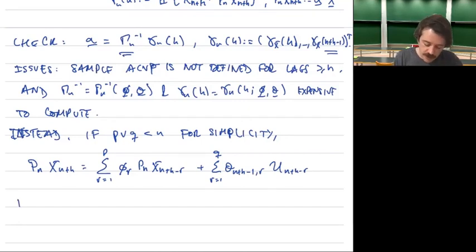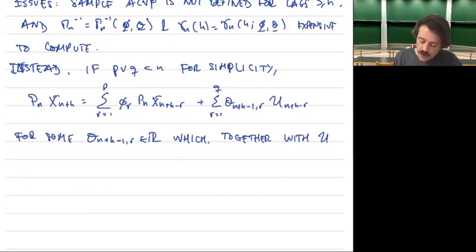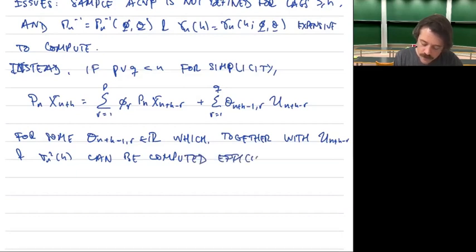And again, this is for some thetas that are reals, which together with the use, and the sigma n squared h, can be computed efficiently with the innovations algorithm.